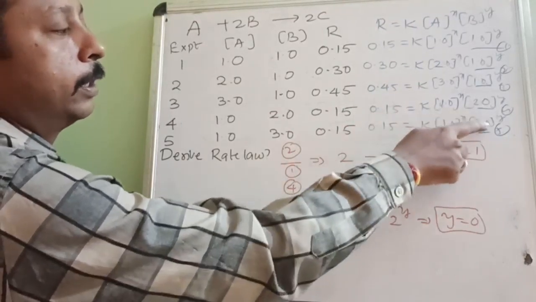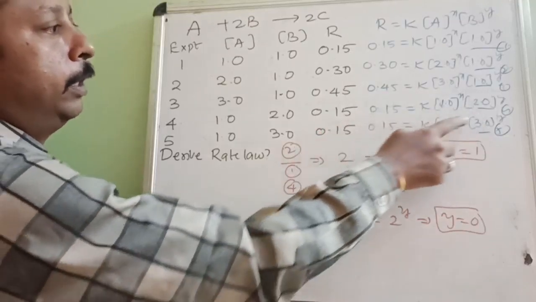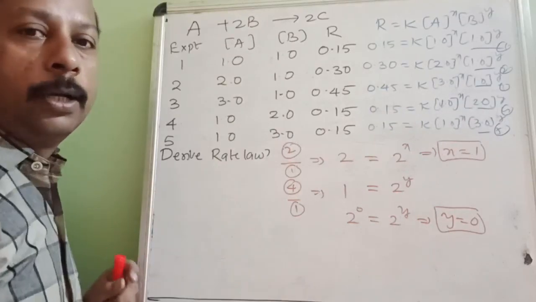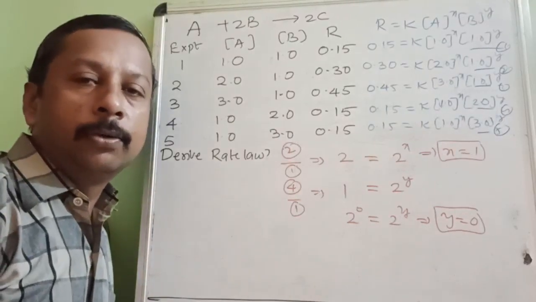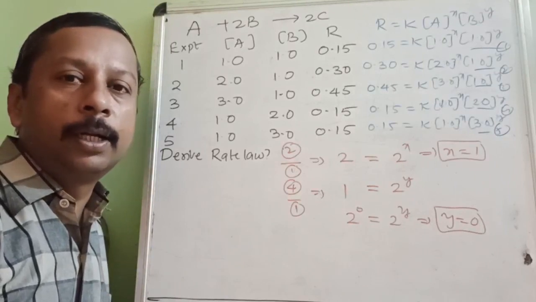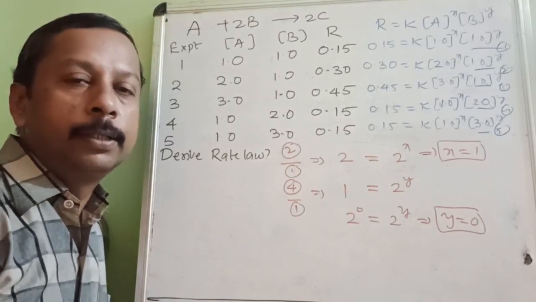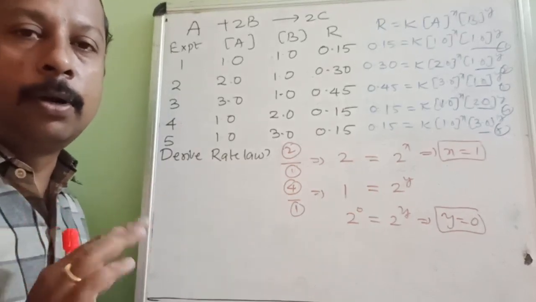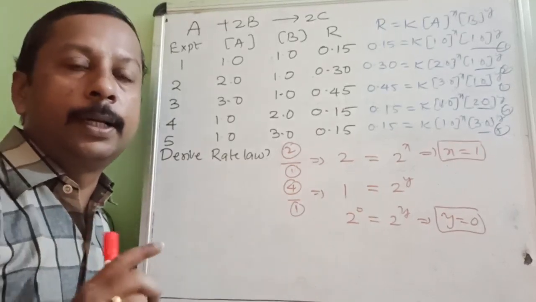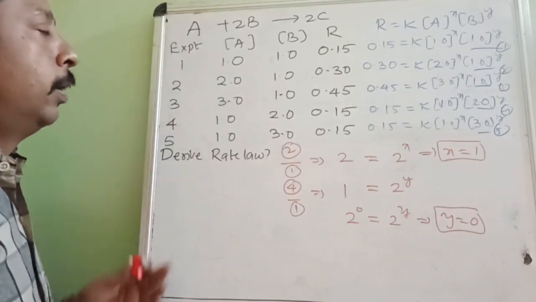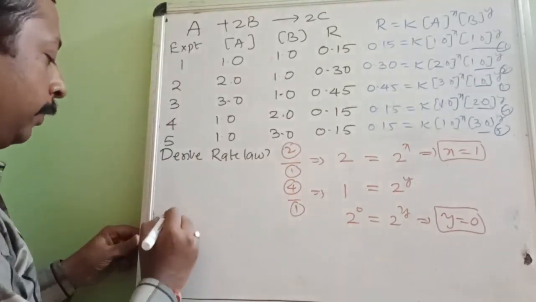This will get cancelled, and even after the change in y, there is no change in the rate of reaction. The change in concentration of a particular reactant does not affect the rate of reaction. That means it is a zero order reaction with respect to that reactant only. Okay, now what will be the order of rate law?